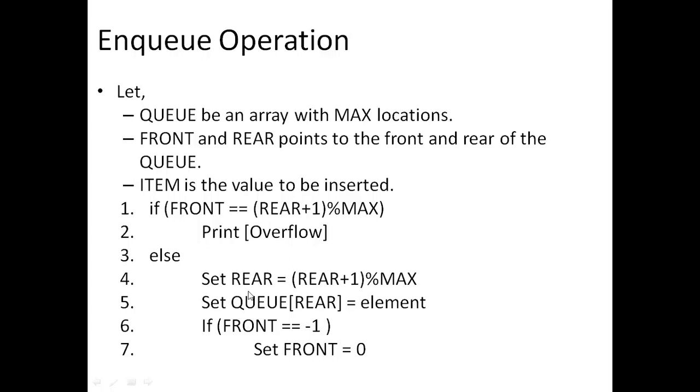Then we have to put the element at the rear index at line number 5. Also, if the circular queue is empty, then the front pointer has to be updated to 0 in addition to the rear pointer during the Enqueue operation. Otherwise, the Enqueue operation will only update the rear pointer and not the front pointer.